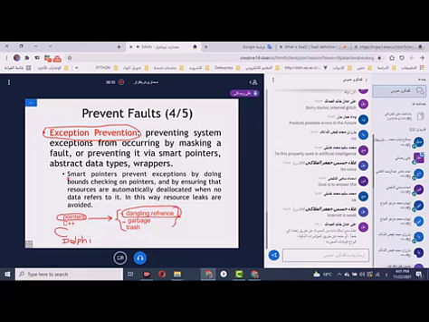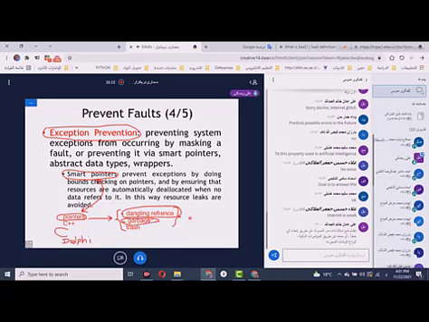So if we use smart pointers instead of pointers, then we are sure that dangling references will not be created. If you use smart pointers instead of pointers, then you are 100% sure that garbage will not happen.